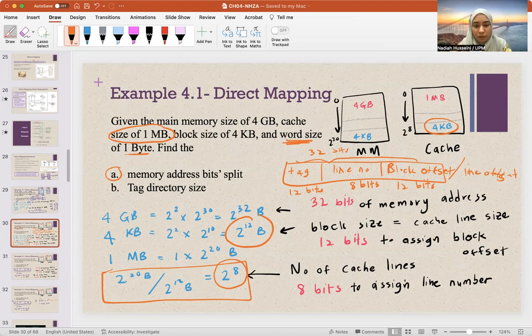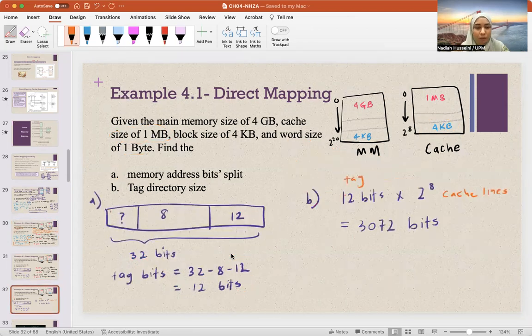So I told you that I want to find the tag directory size, right? I know that one cache line would have a tag size of 12 bits.